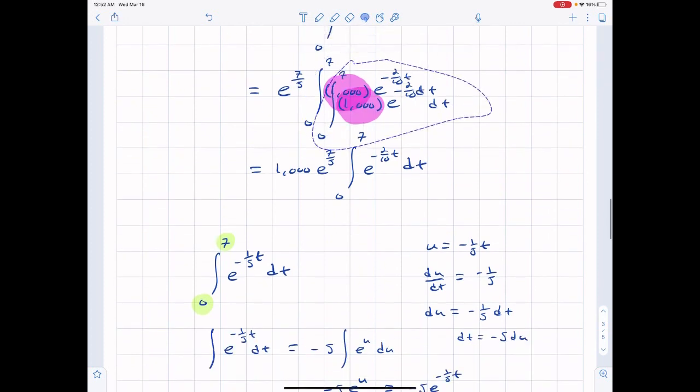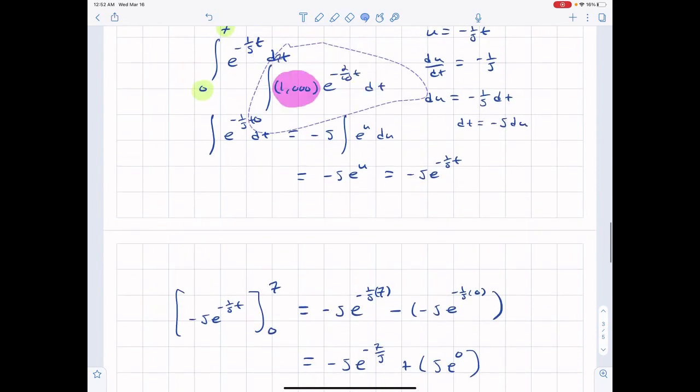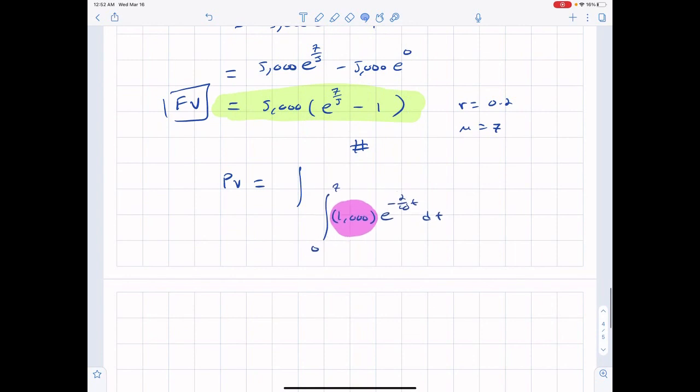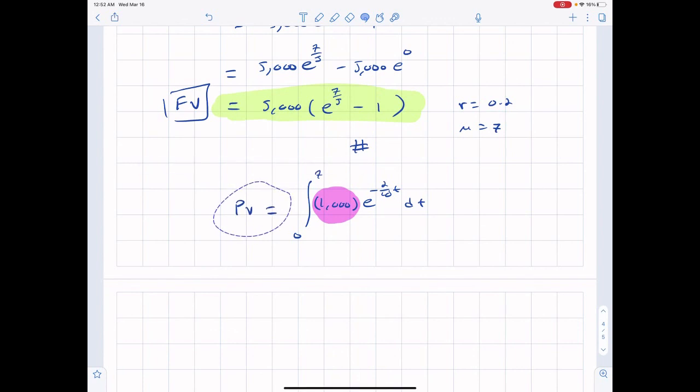The present value is going to be this integral from 0 to 7 of 1,000 e to the negative 2 over 10 t dt.